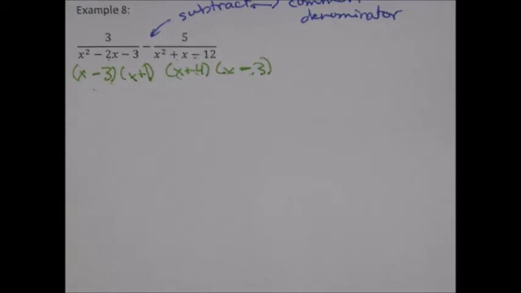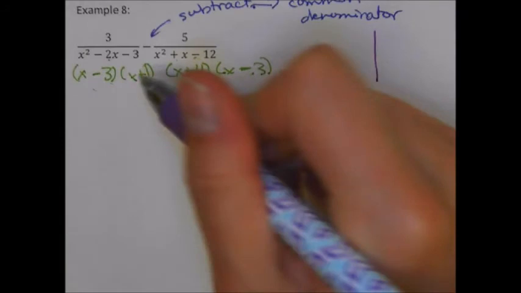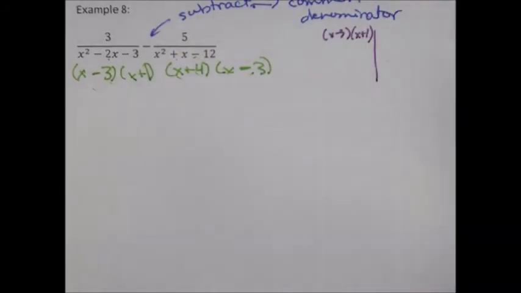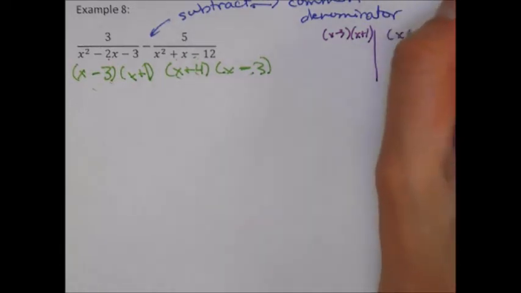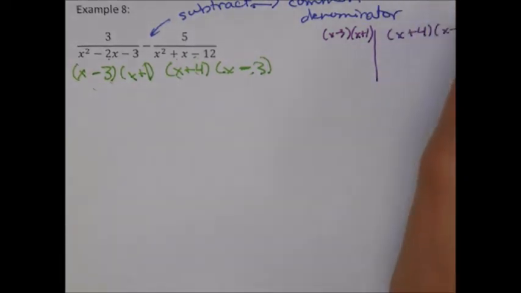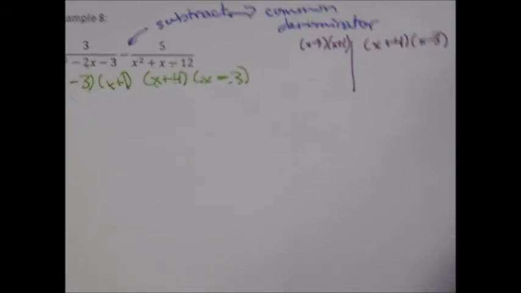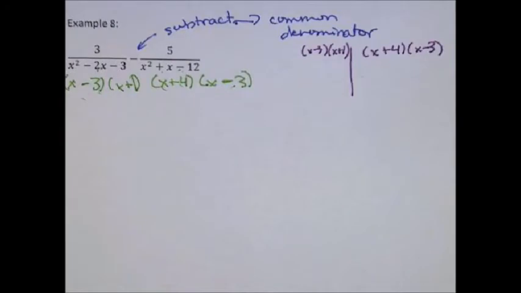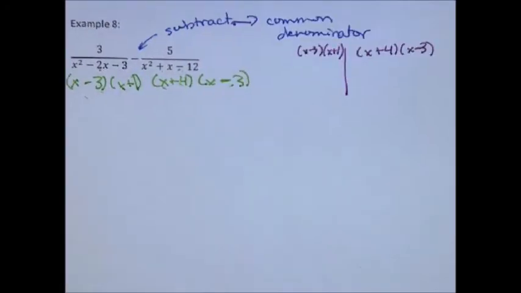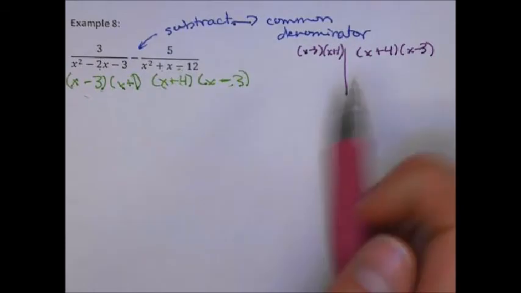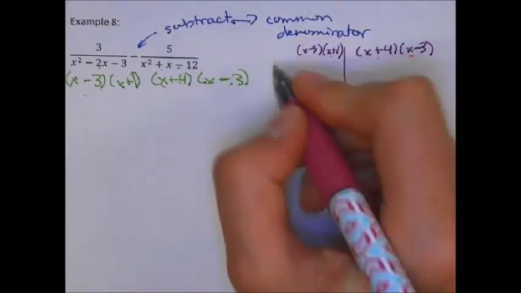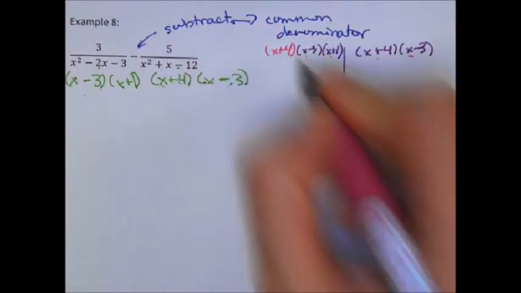And so this is when we look and see what I have on the left. I have an x minus 3, x plus 1. What do I have on the right? X plus 4, x minus 3. I'm going to zoom out just a second. So the right has an x minus 3, but not an x plus 1, so I'm going to have to multiply by x plus 4.